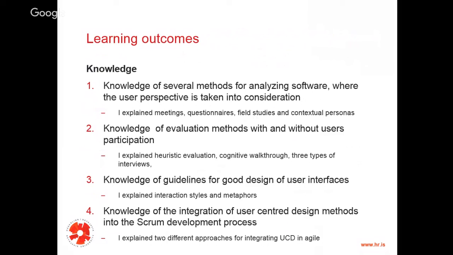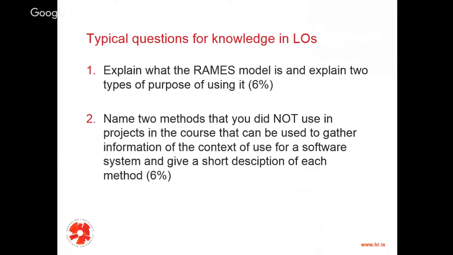The model from C, and the other one where most of the work is done before the actual sprint begins. The typical questions for the knowledge is like, explain what the Rames model is and explain 2 types of purpose.